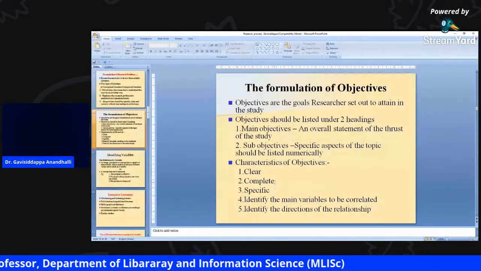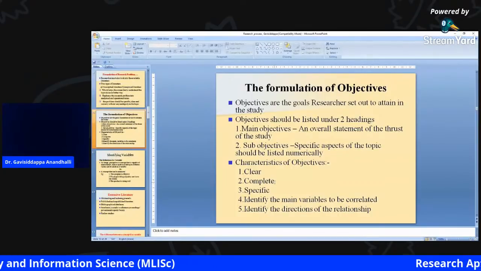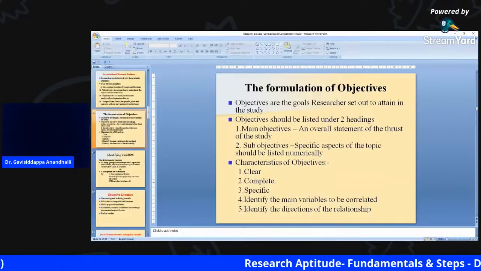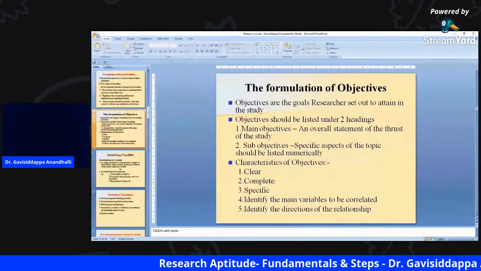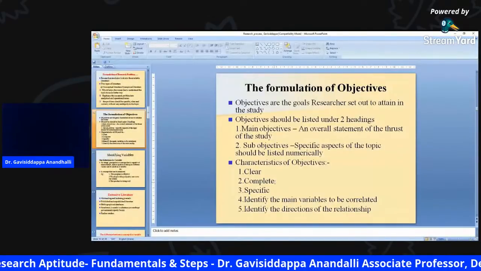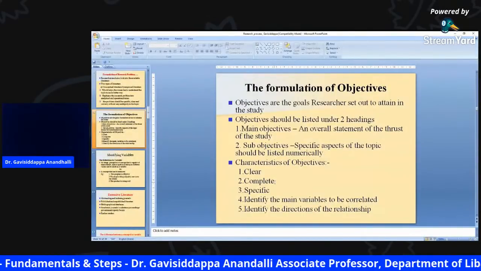So many things will come across in the process of job satisfaction. We have to spell out all these objectives clearly. So the objective should be very clear. An objective should be a statement of what you are supposed to find out during the course of your research work.